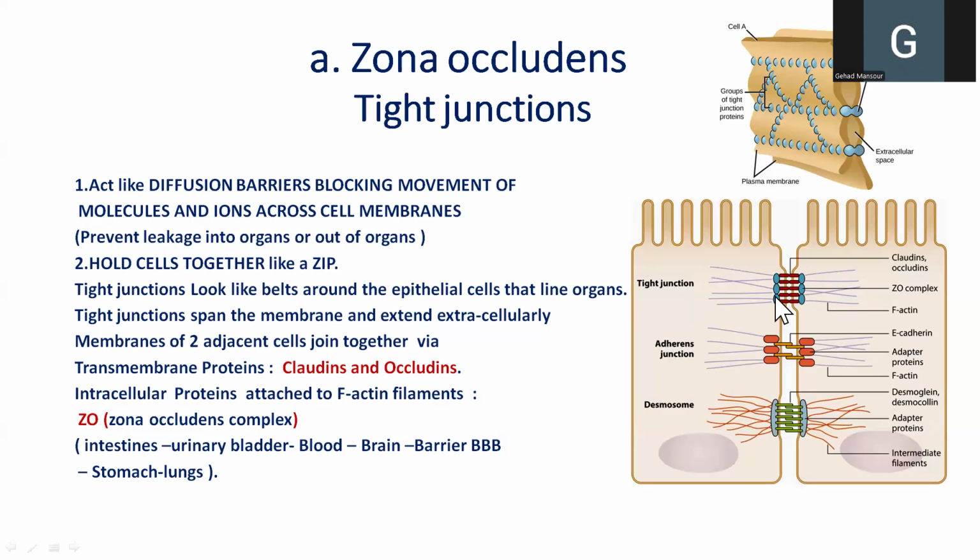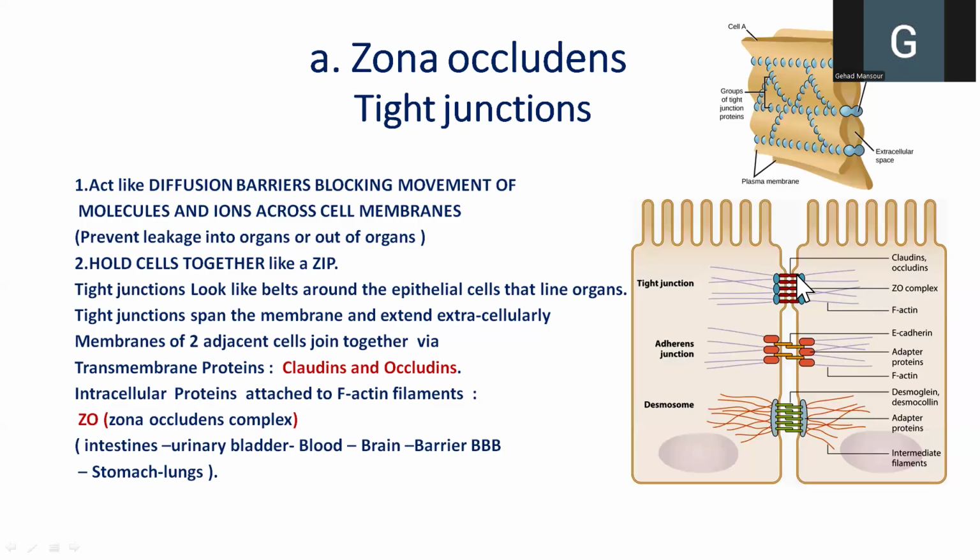And these proteins form what we call the ZO complex or the zona occludens complex. So these blue molecules are part of the tight junctions, and they are called the ZO complex, which is the acronym for zona occludens complex.